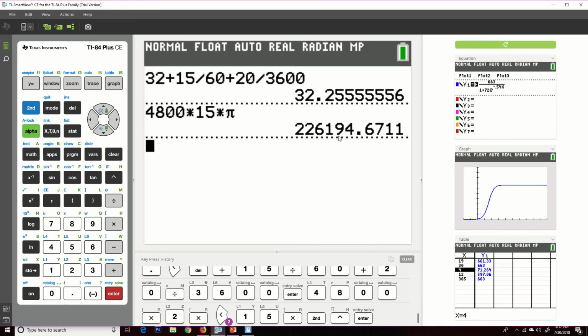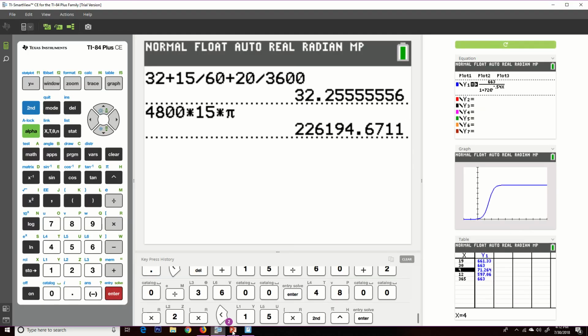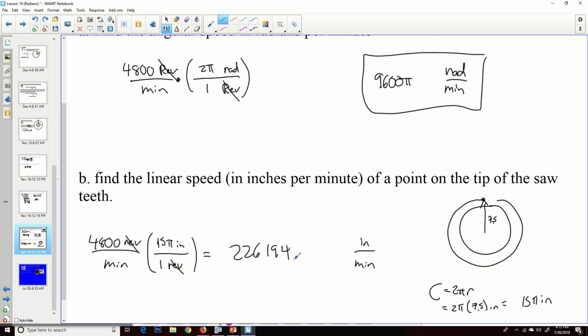So 226,194.671 inches per minute. That's quite a few.